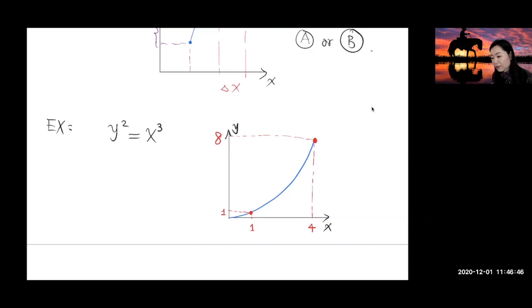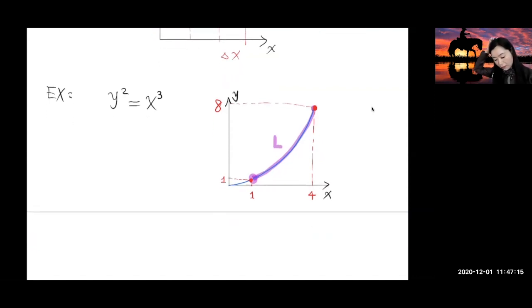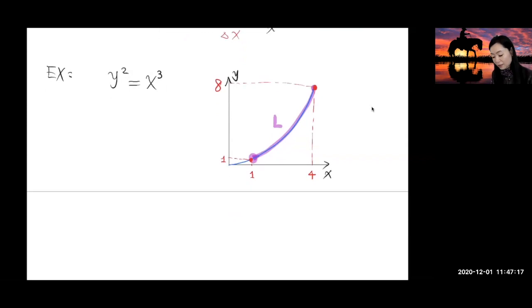So the question over here is, we're trying to find the arc length, which is this one over here, from here to here. Let's call it L. So you get the idea.